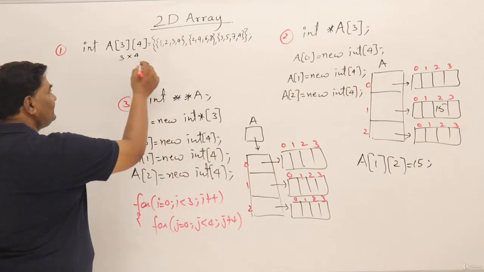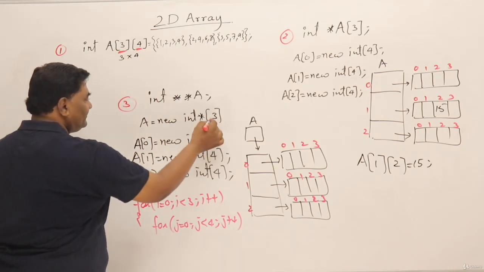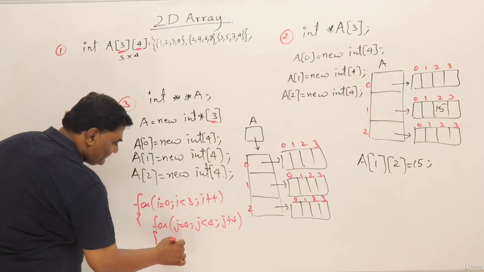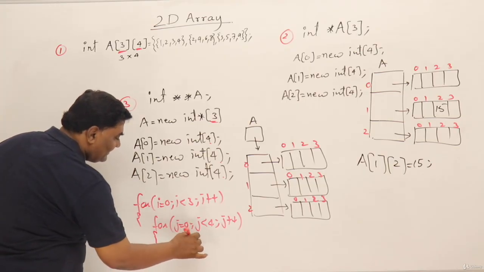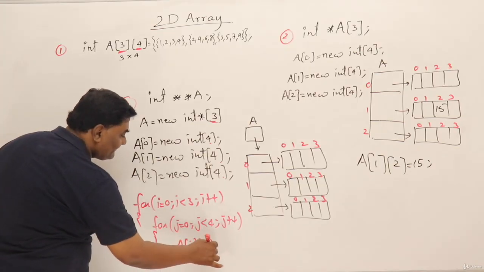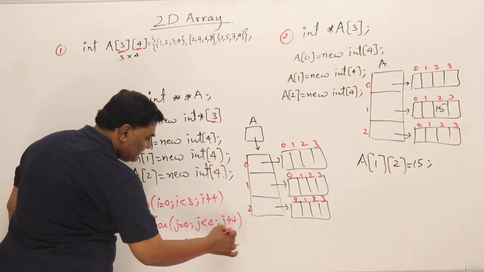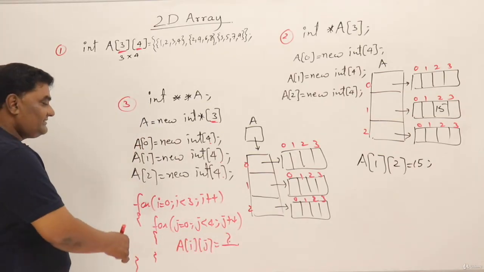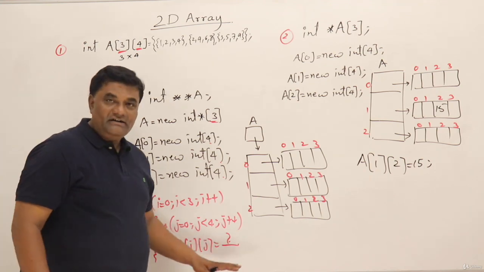So in all my examples, I have taken 3 rows and 4 columns. So accessing all these elements, I can say a of i, j, whatever I want to do here, whether I want to print them or modify them or initialize them. Whatever I want to do, I can do it.